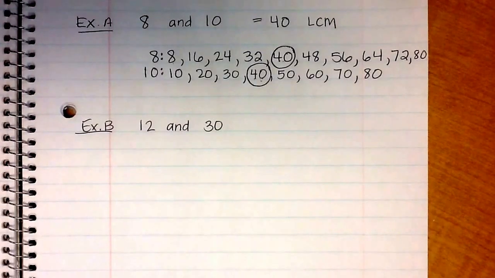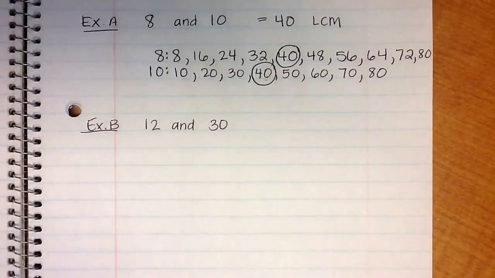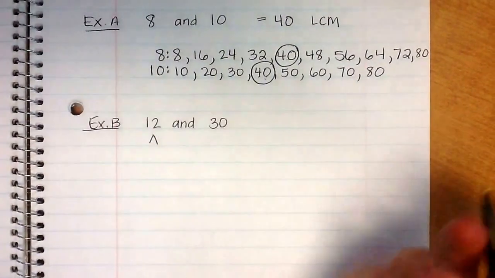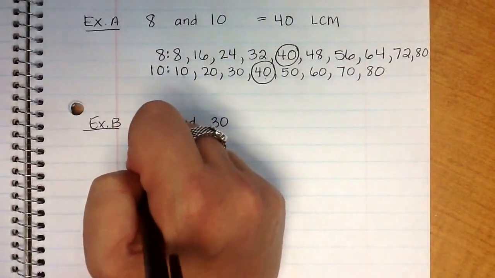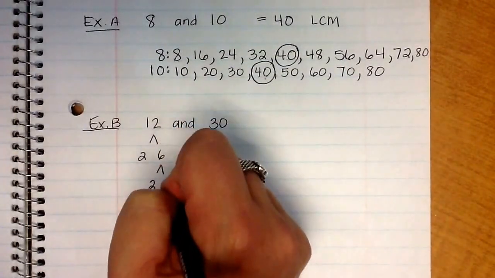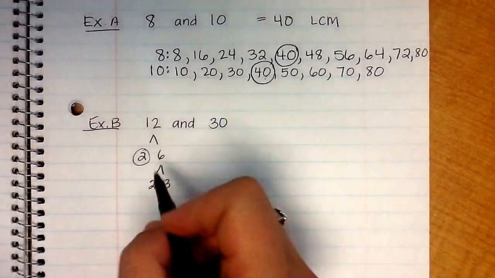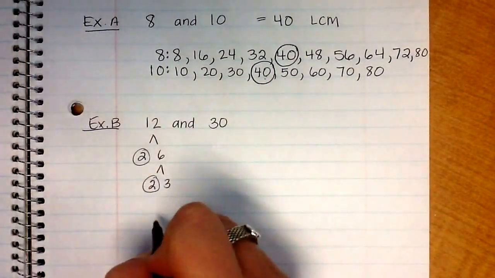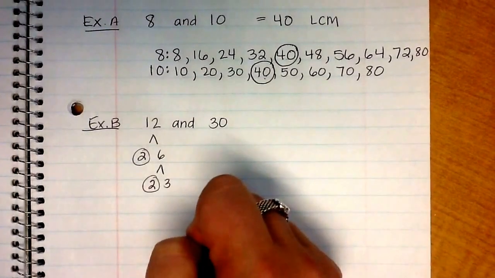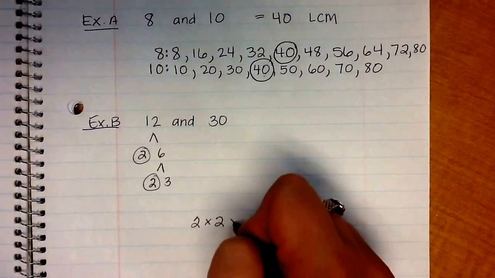Okay, so in this example, the first thing that I want to do is I want to have all of the prime factors of both numbers. So I'm going to make a factor tree, and the factors of 12, 2 and 6, and 2 and 3. So I have 2 times 2 times 3.